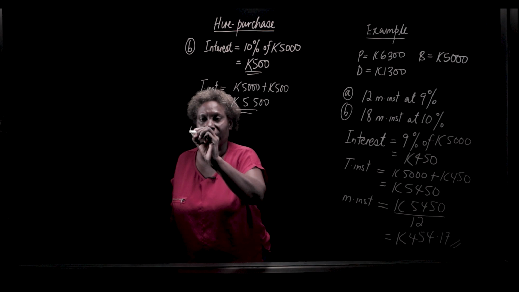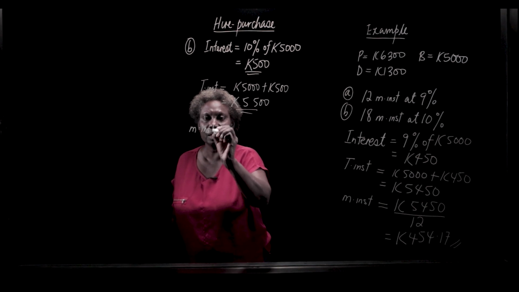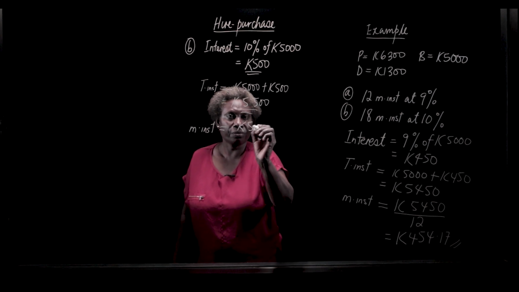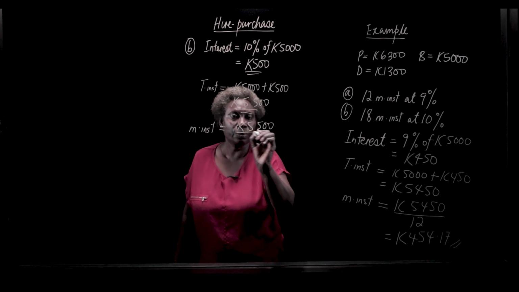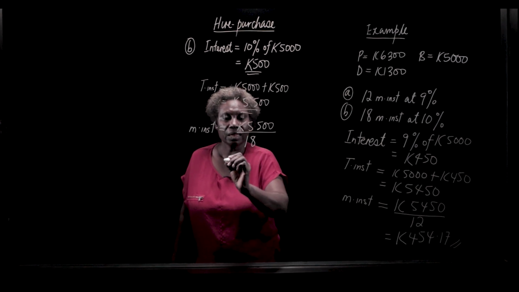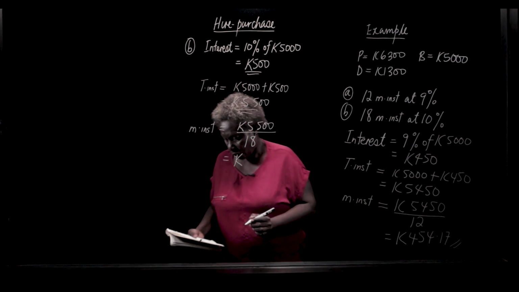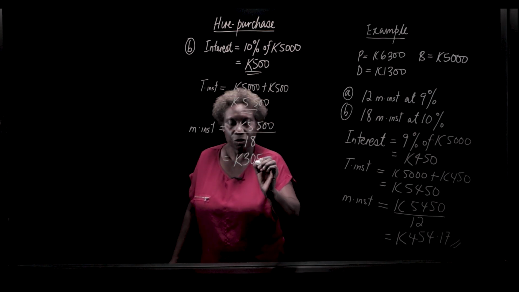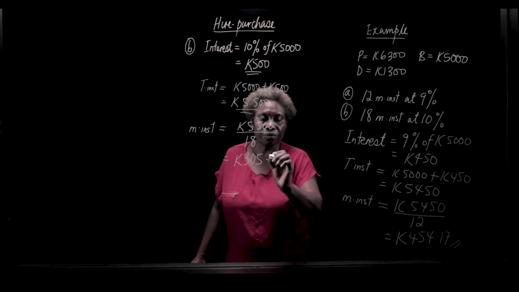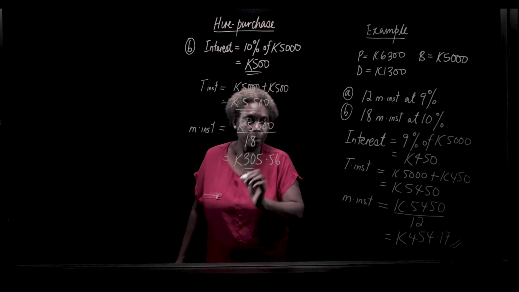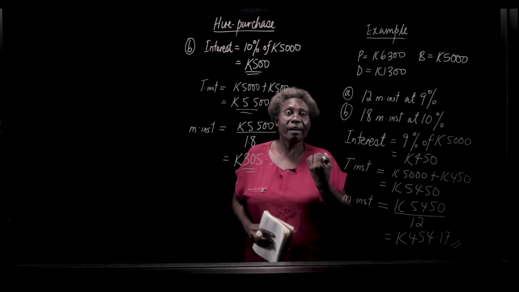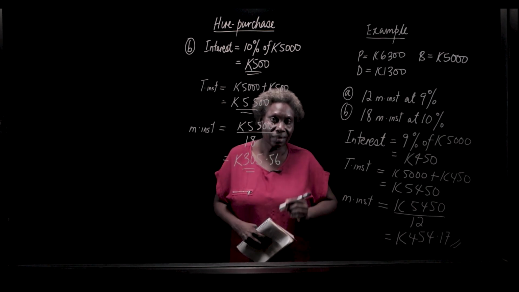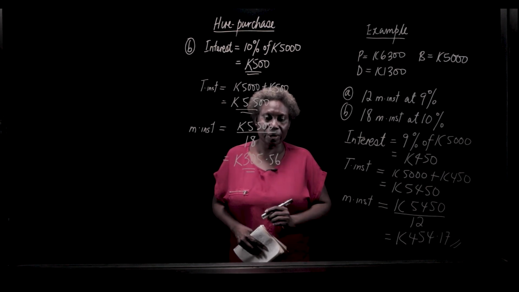The monthly installment is equal to 5,500 kina divided by 18 months. On a monthly installment, he is going to pay 305 kina 56 toya.